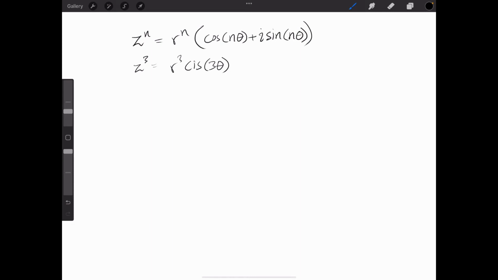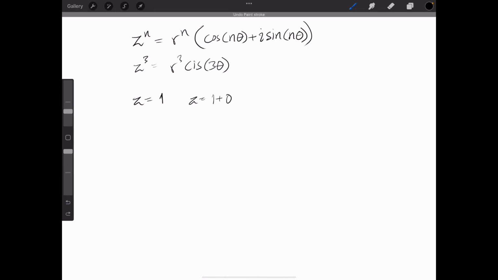Let's just look at z is equal to 1, which is also z is equal to 1 plus 0 I, meaning that there is no imaginary part and there's only a real part.